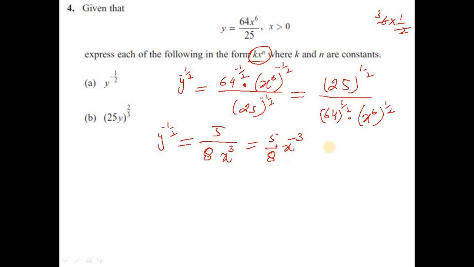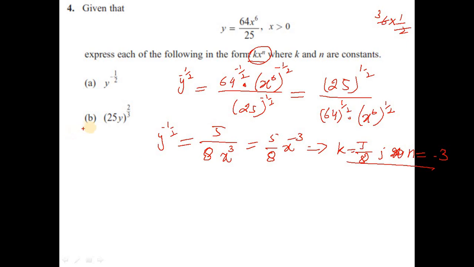So you can say that from here k is 5 by 8 and n is minus 3. So if you wish, you can say k is 5 by 8 and n equals minus 3 if you need. Otherwise they did not ask about the values.